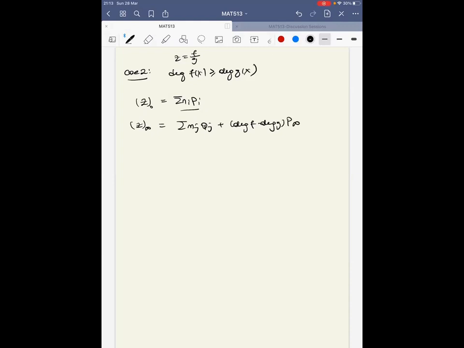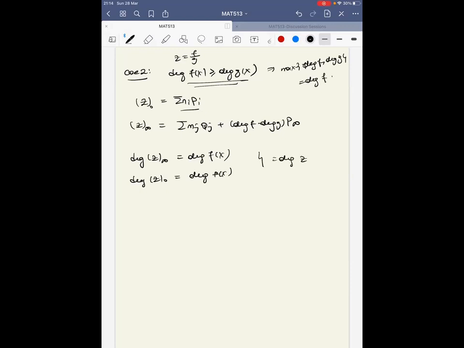And similarly to the first case, we can verify that the degree of the pole divisor of z is equal to the degree of x, and the degree of the zero divisor is equal to the degree of f of x. And in this case, obviously the maximum of the degrees of f and g will be the degree of x, and this gives us the desired equality.